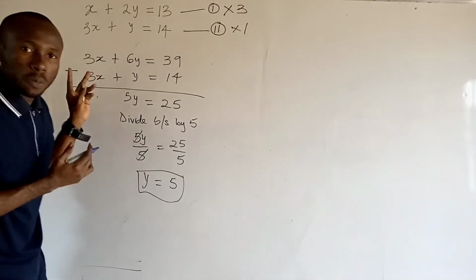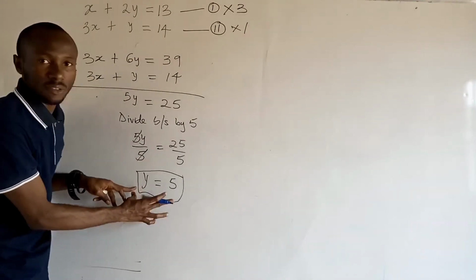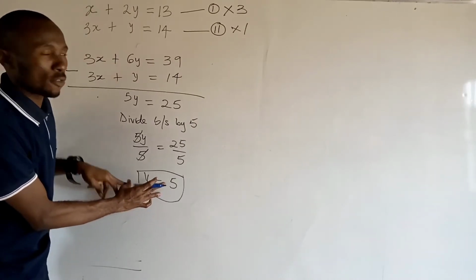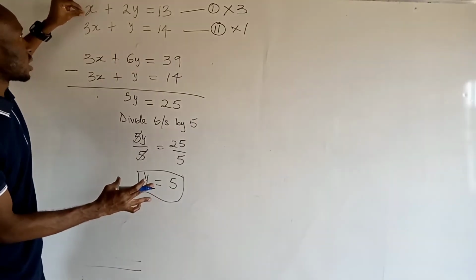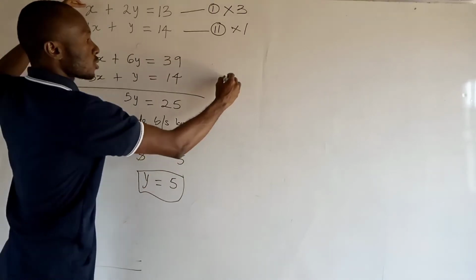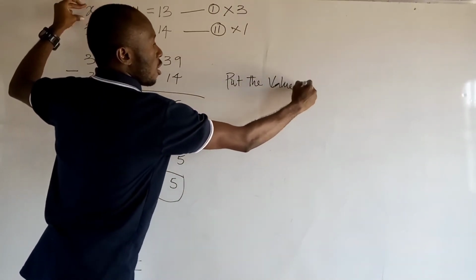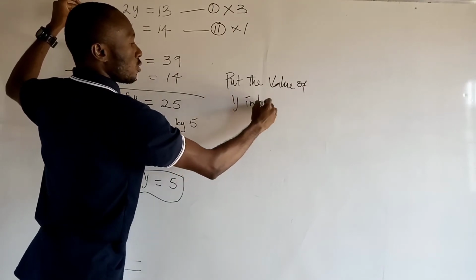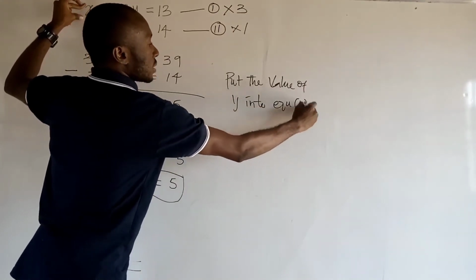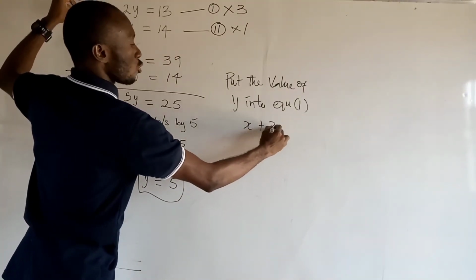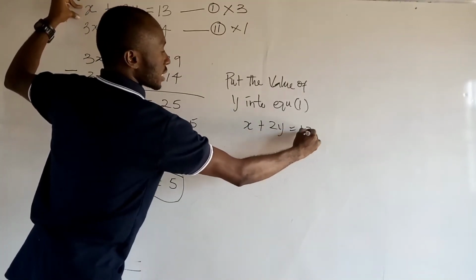Now we can easily obtain the value of x by plugging the value of y into any of these equations. So I would like to plug the value of y into this very first equation. So put the value of y into equation 1, which is x plus 2y is equal to 13.